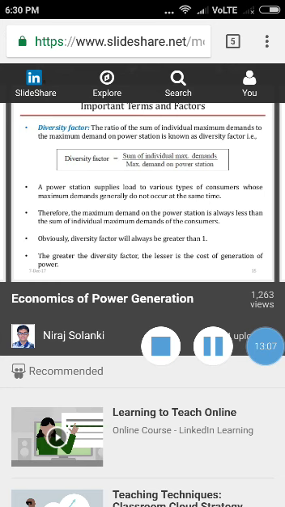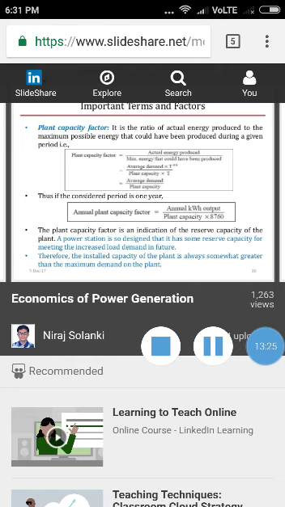Therefore, the maximum demand on the power station is always less than the sum of individual maximum demands of the consumers. Obviously, diversity factor will always be greater than 1. The greater the diversity factor, the lesser is the cost of generation of power.